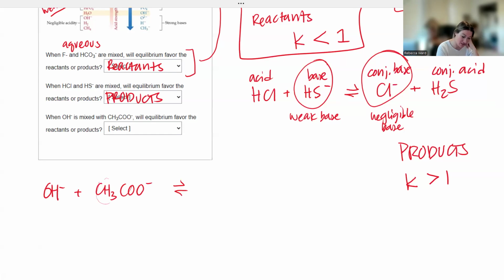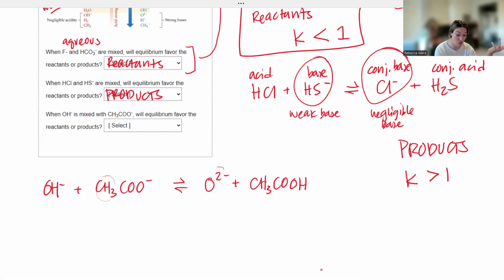Yeah, we are. I can't do it the other way, these are not acidic protons over here. So we're going to make O2 minus plus CH3COOH. Okay, and so then this should be like, whoa, that is a really, really, really strong base. It seems unlikely that we're going to favor that side.